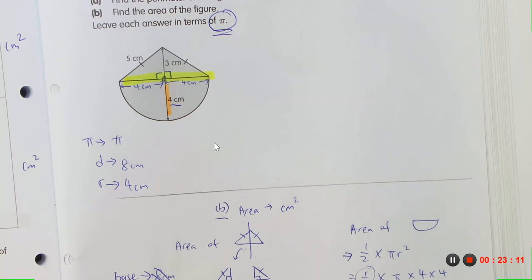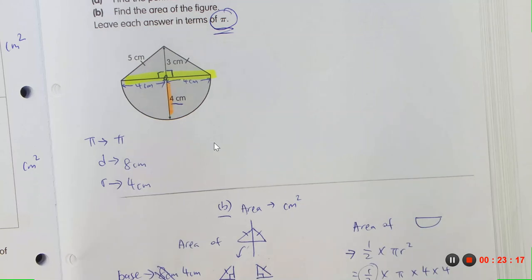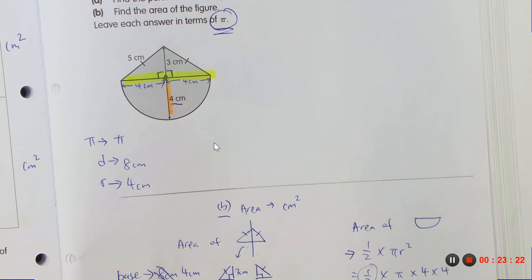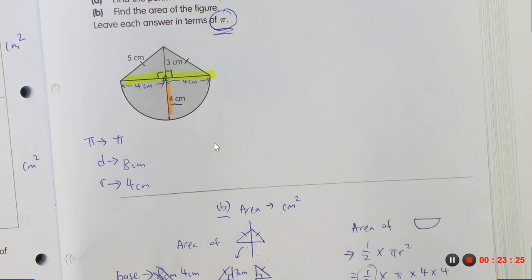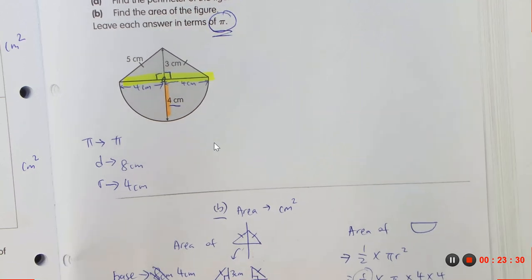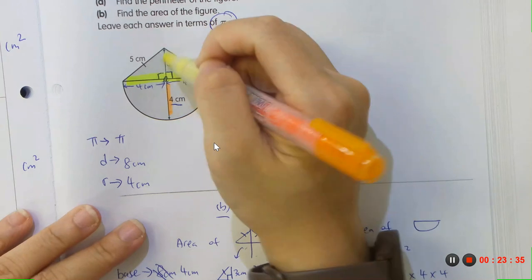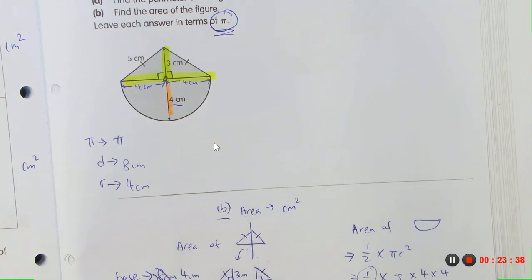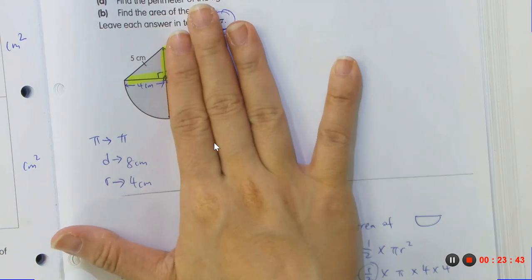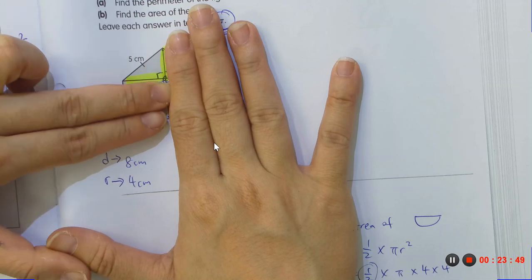Okay, the base will be 4, like Achilles said. So this is 4 centimeter. What's the height? 3. Very good. Because it says right angle, it must be half times base times height. So I must find the corresponding base and height. In this case is here, but very hard because the right angle is in the middle. So I will chop it up into 2 right angle triangles. Is that okay?